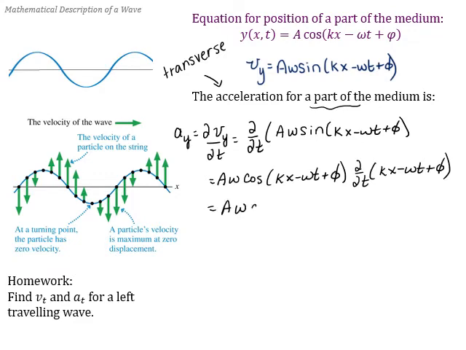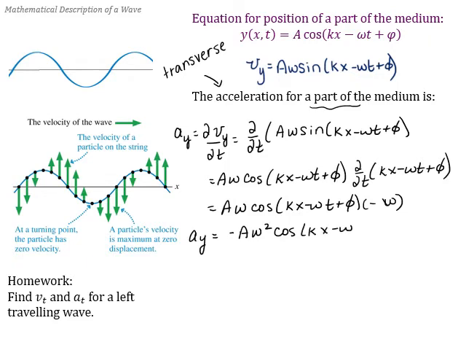So I've got A times omega times cosine of kx minus omega t plus phi times minus omega. So my transverse acceleration is minus A times omega squared times cosine of kx minus omega t plus phi.